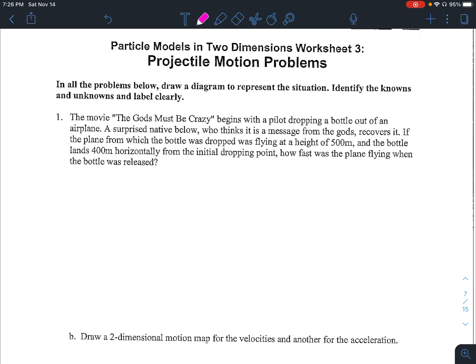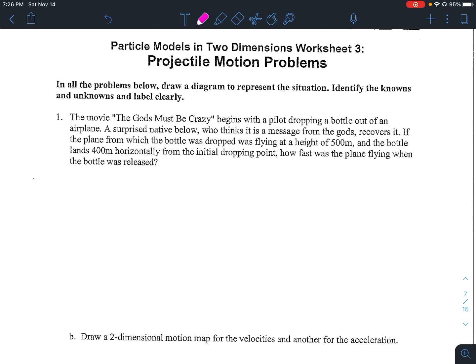But the physics will be the same. So the best thing to do is to draw a picture where we have this bottle falling out of an airplane and it lands on the ground. We know the height of the plane when the bottle was dropped and how far horizontally it went.